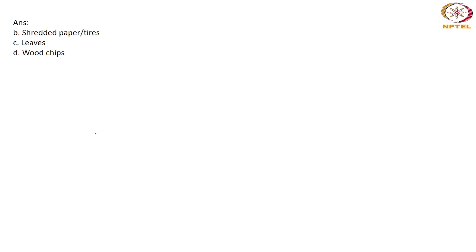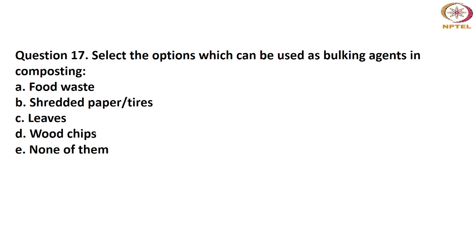You can use the leaves or wood chips. So it will actually increase the volume. It will produce the vacant space volume. Through that, air can come. That's why we are using these things. But food waste we cannot use, right? It is not a bulking agent. It will not produce the holes for air circulation.